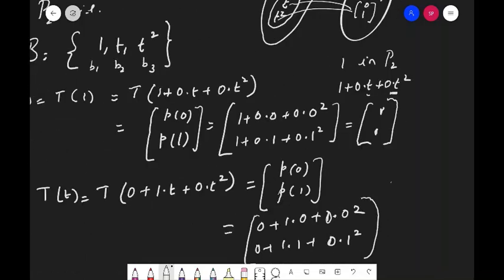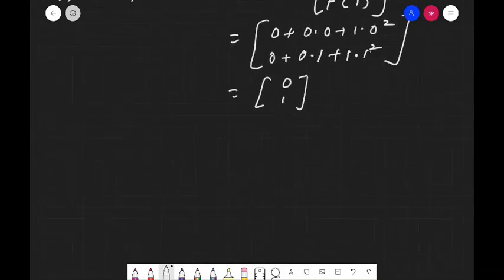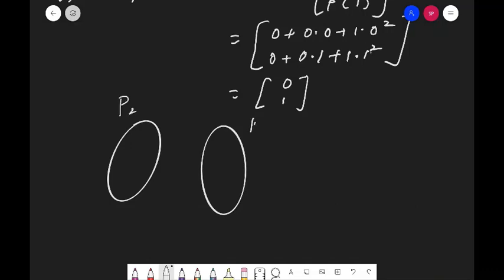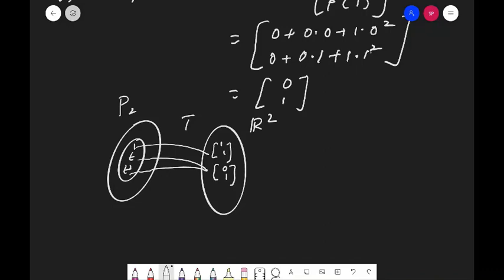So let us once again draw the diagram. This is P2 and this is R2, and here I have the set 1, t, t square, and T is a transformation. This 1 is mapped to T of 1, which I got as (1, 1), and t is mapped to (0, 1), and t square is also mapped to (0, 1).